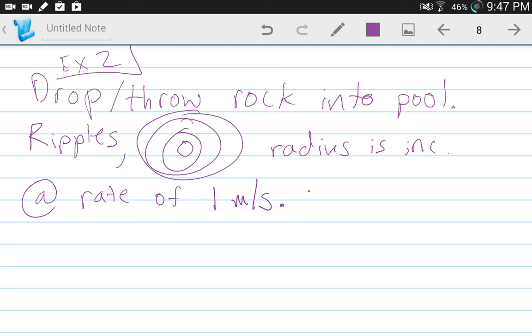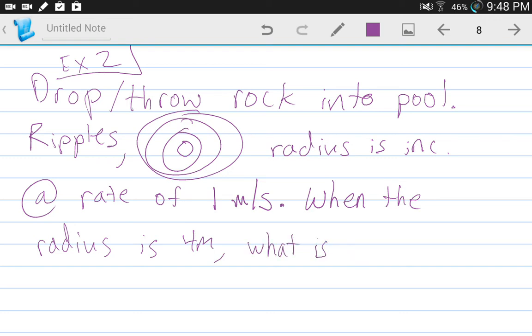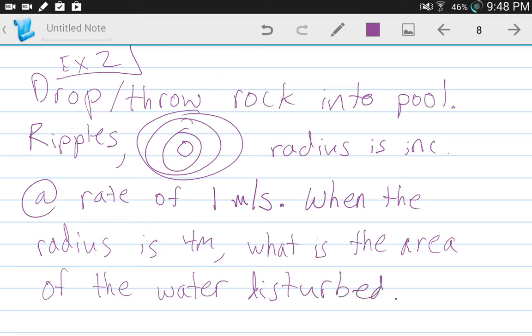And then it's going to say something like, when the radius is at 4 meters, what is the area of the water, either inside the circles, inside the ripples, or it'll probably use some kind of weird terminology like, what is the area of the water disturbed or something like that, but basically just the water that was changed, right?